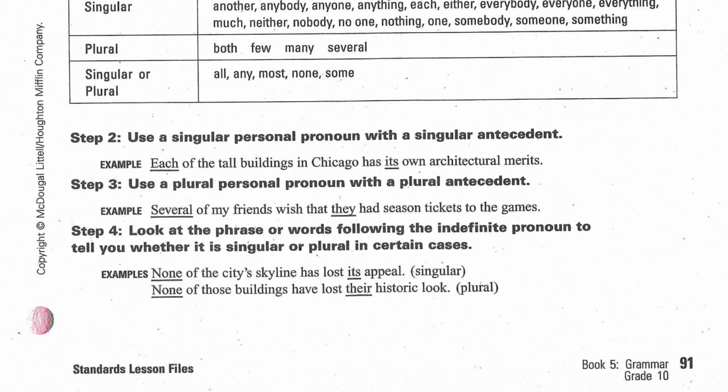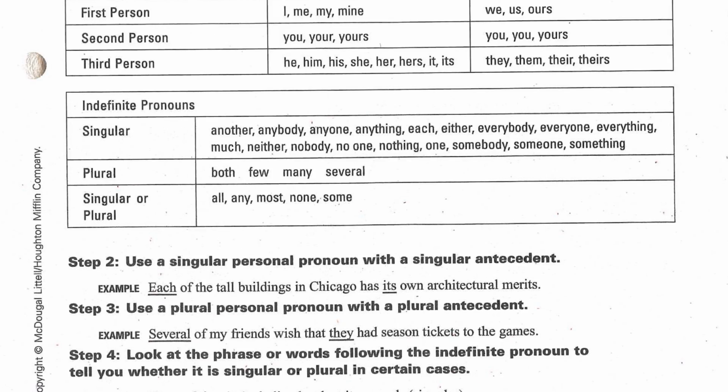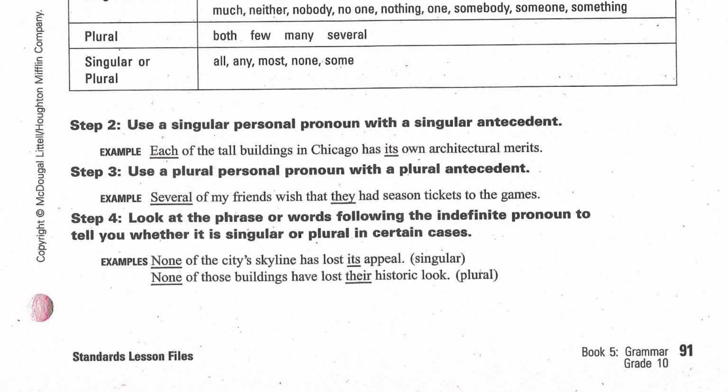It says use a singular personal pronoun with a singular antecedent. So here's the example. Each, that's a singular indefinite pronoun, right? Each of the tall buildings in Chicago has its own architectural merits.